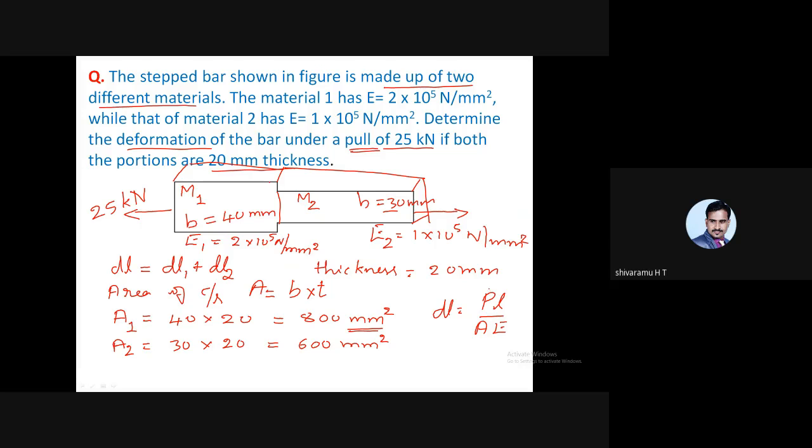Load is known and length is also given. Length of portion 1 is 500 and length of portion 2 is 750. It is given in the question. Length is given, and the area of cross section we calculated for A1 and A2, and E1 and E2 are given, so we can find the deformation.